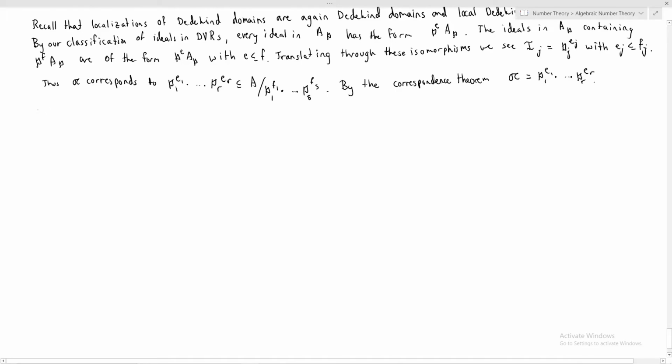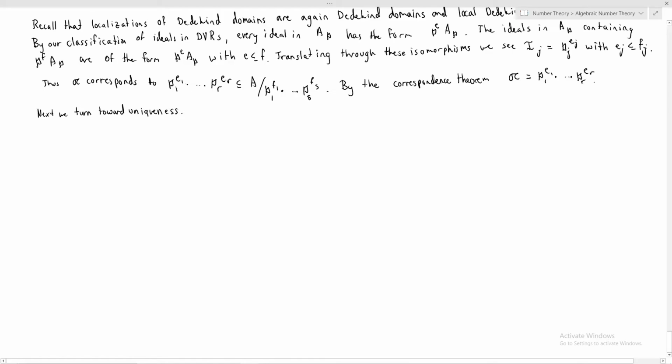Okay. So next we're going to turn our attention to uniqueness. And the way we're going to prove uniqueness is kind of confusing at first, at least it was to me.